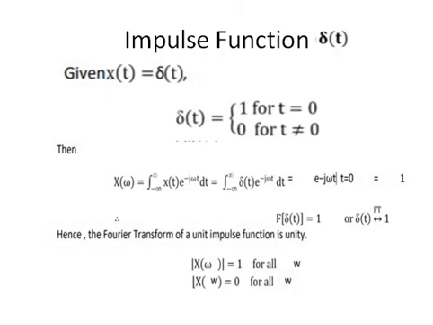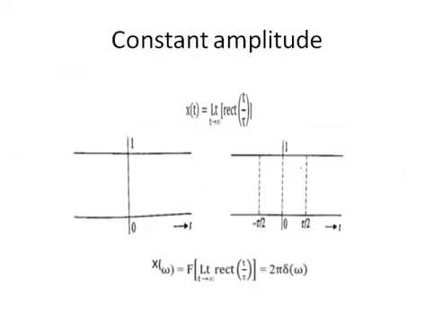Or else we can say that we have to use some standards, like x of small omega equal to 1 for all omega, or else capital W equal to 0 for all other omega.